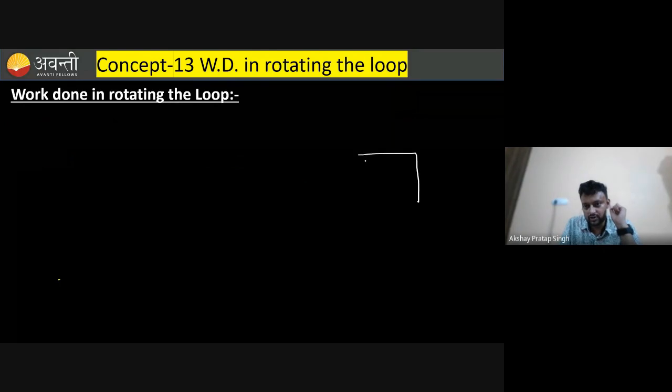Have a look at the situation. This is a current carrying loop and it has some current, let's suppose I. And everything is simple. It has some magnetic moment M. Current is I, area is A. Everything is general, the usual terms that we use normally.